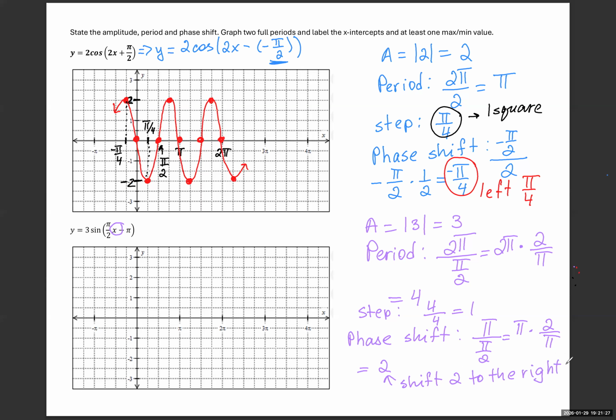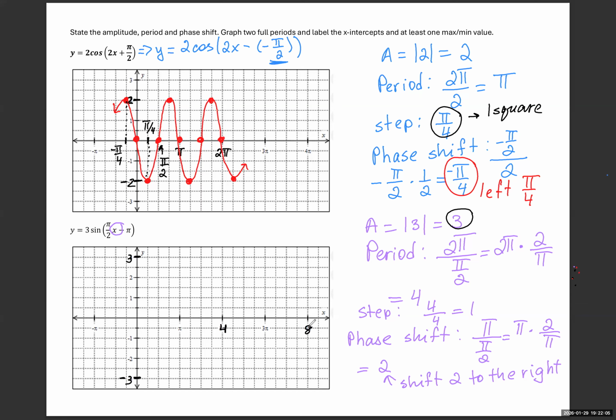All right, let's connect it all together. So let's label stuff first. On the y-axis, my amplitude is 3, so I know I'm going to have to go 3 on the top and -3 on the bottom. My x-axis labels have pi's in them. I'm not going to use pi's because my period is 4 without the pi. So I'm actually going to do this as 4 and this is 8.